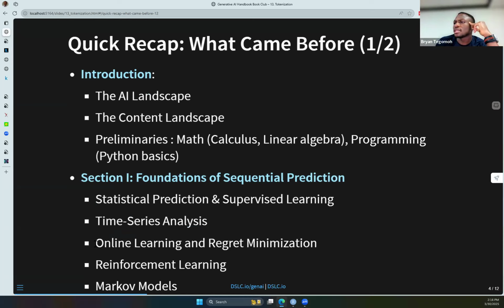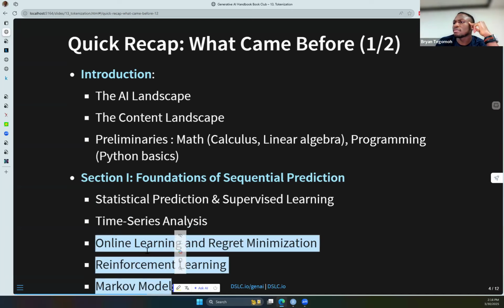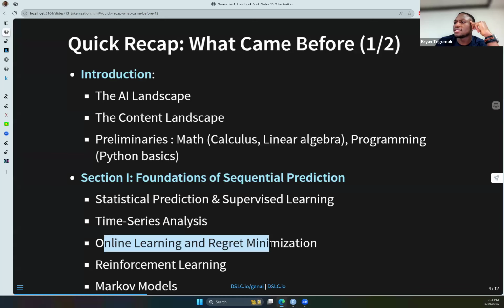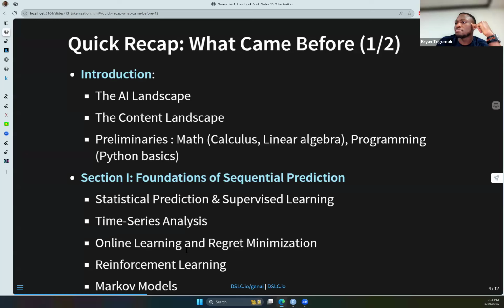Then we proceeded to the next three chapters, where we discussed online learning and regret minimization. During this discussion, we explored how models learn from data that's arriving sequentially, aiming at minimizing cumulative predictive error.